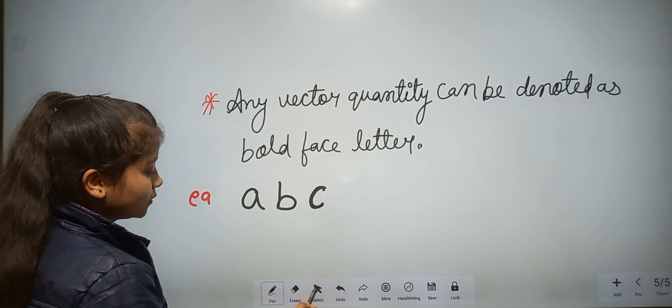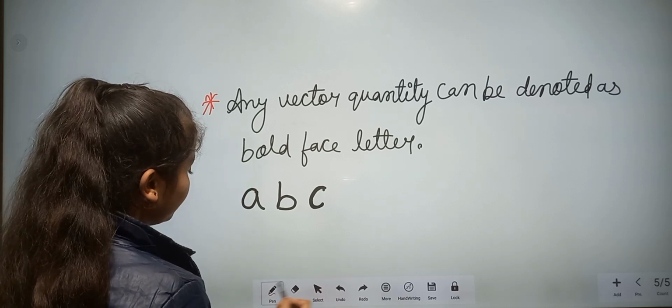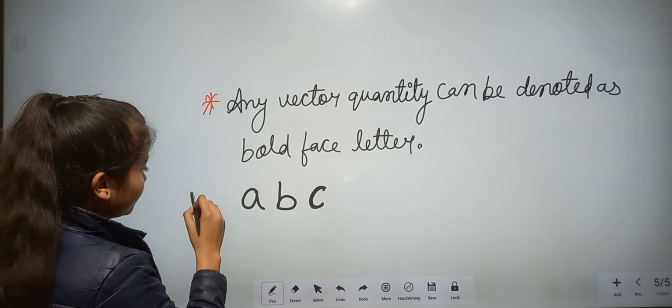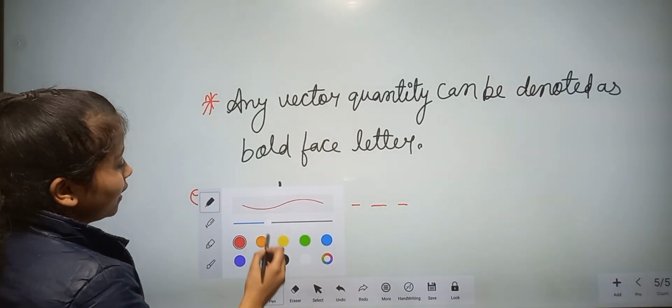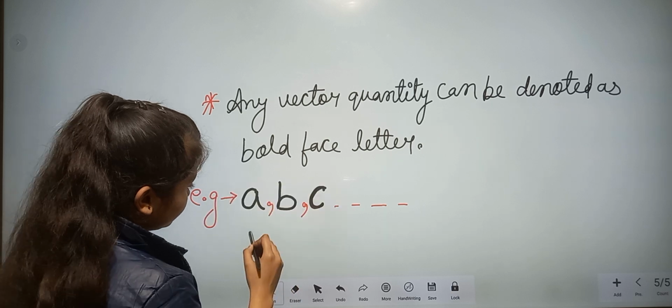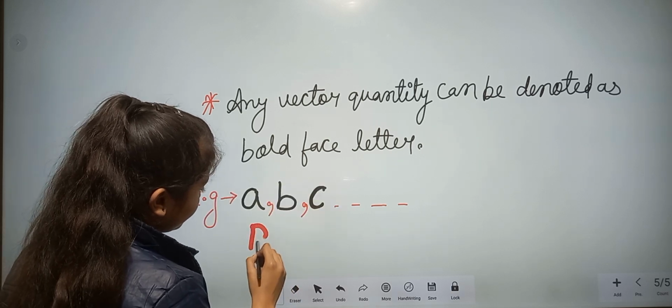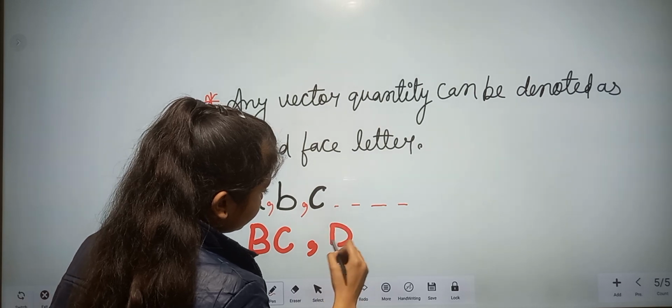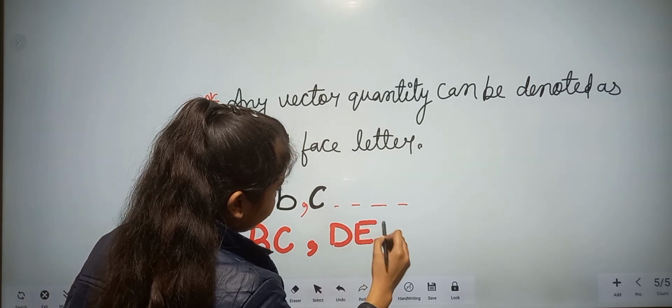If somewhere it is written in a bold letter, it means it is denoting a vector. We can also write B, C, D, E, and so on.